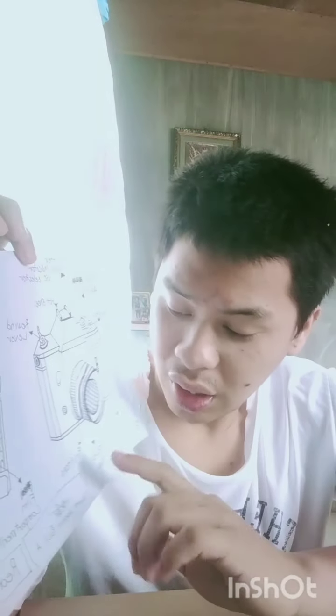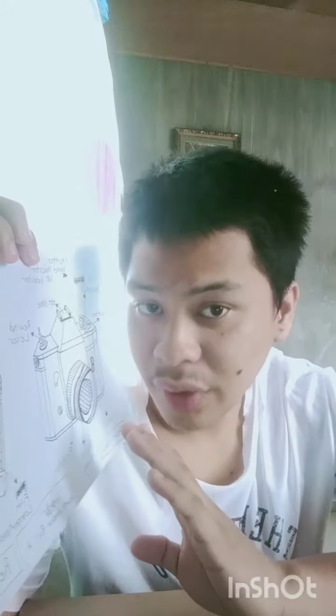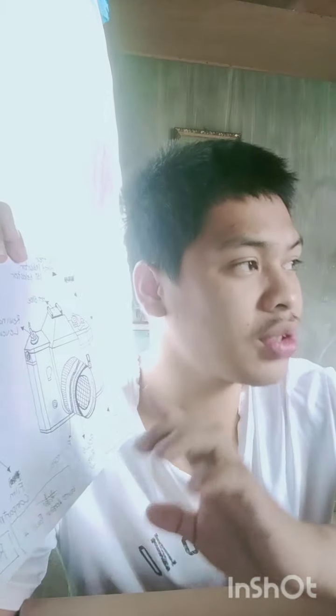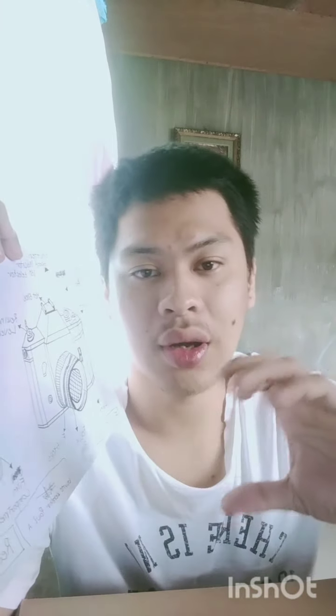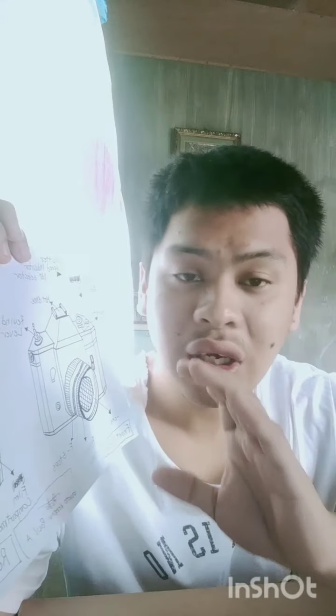So, what is the work of f-stop? Just simple. Siya yung naglilimit nung pumapasok na light. Kumbaga yung contrast and then yung sharpness. Siya yung nag-a-adjust ng contrast and sharpness of the image.